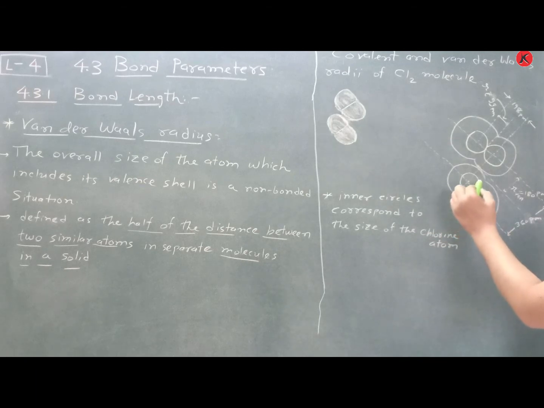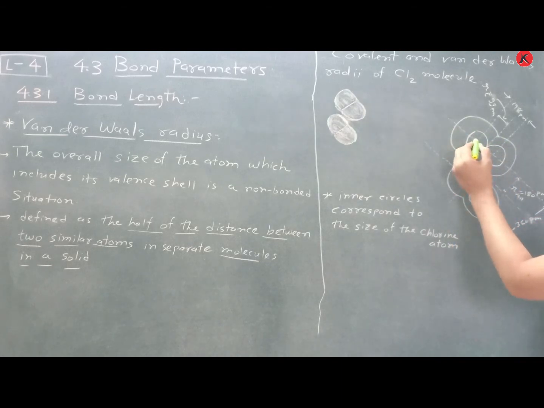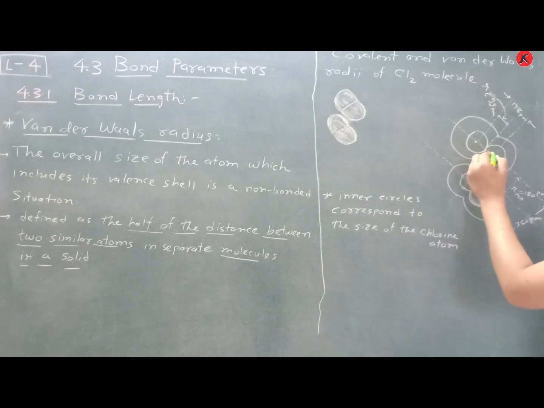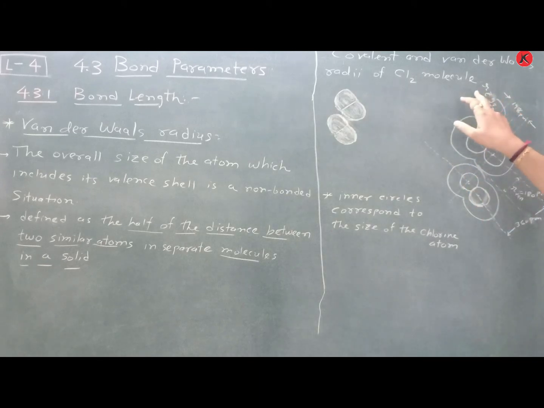Suppose we consider the inner circle containing the same atom, that is the same molecule, then this radius is half the distance. The total distance is 198 picometer, but the covalent radius is 99 picometer, remember. So this is considered as covalent radius.